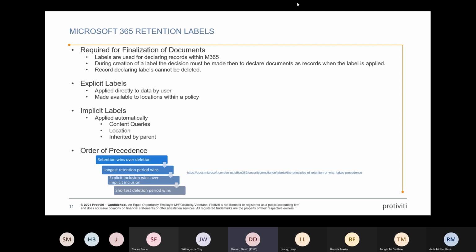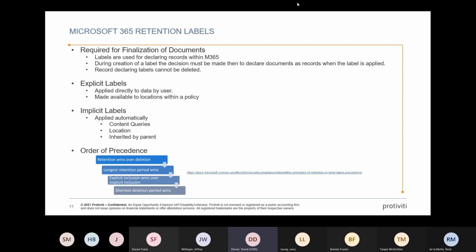Now, there's two types of label categories: explicit and implicit. If you look at it from this perspective, an explicit label is anything that I have set myself manually. Anything that is set automatically is implicit. However, there is a caveat to that. When I say it's set automatically, I'm talking about based on the parent of the document. So if a folder has a default label, I'm inheriting that label, that's implicit.